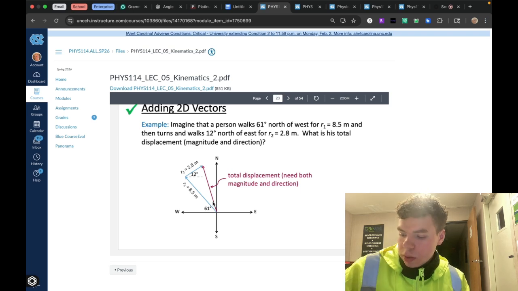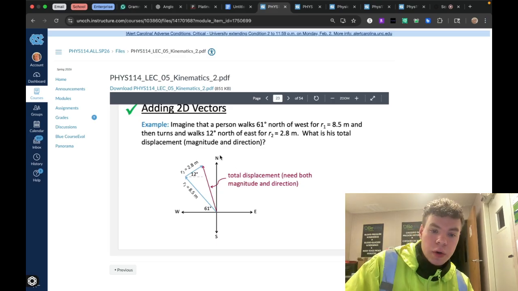So you have north, west, east, and south. So north of west means you literally start north here and then you go west. So if it said west of north, you start west and you go north.